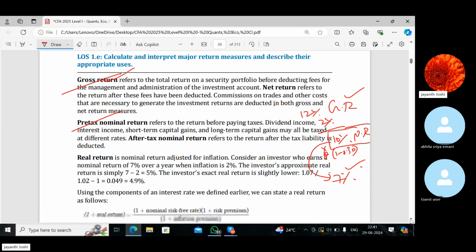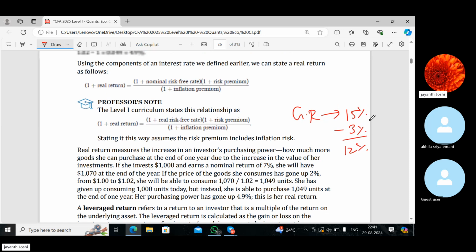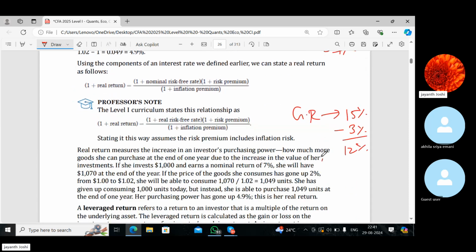So see, gross return, unadjusted return, is let's say 15%. I have deducted management fees and the administration fees of my account, which the management of a mutual fund company is maintaining. So 3% I deducted, so I get 12%. This 12% is still a nominal return, but a pre-tax nominal return.